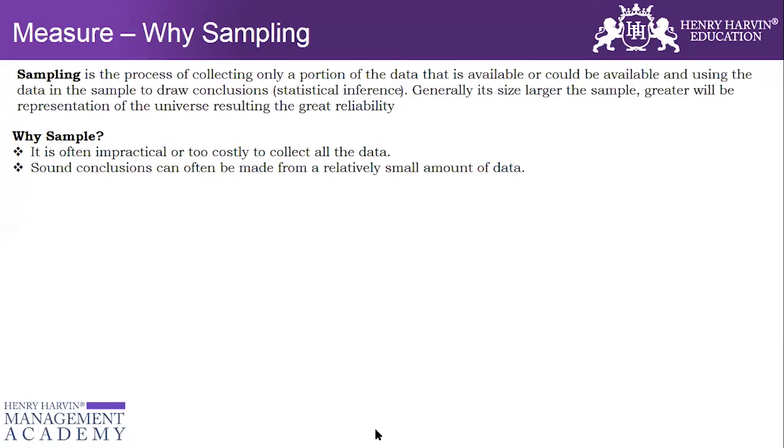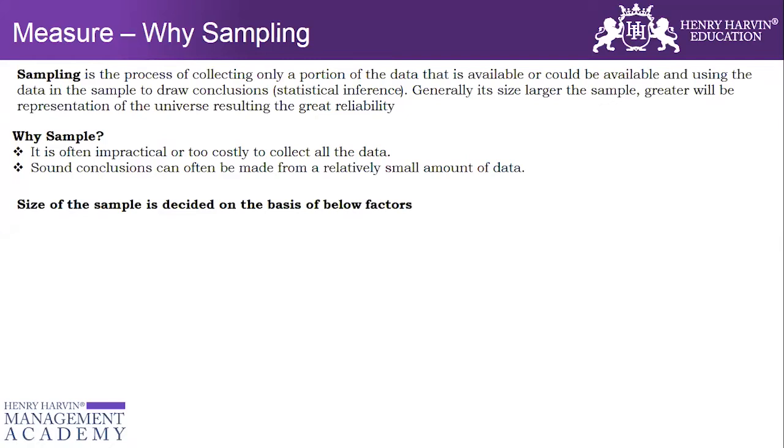The third reason is that sampling saves a lot of time. If I capture the entire population, it's going to take years to complete, and in between the system may change, the technology may change, and therefore it is not practical to go for the entire population.